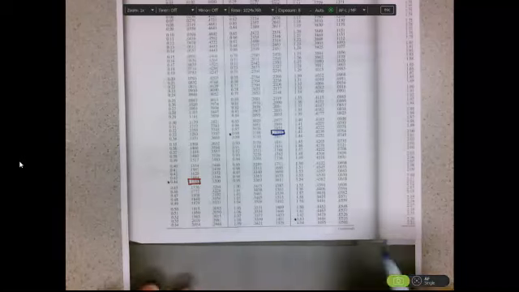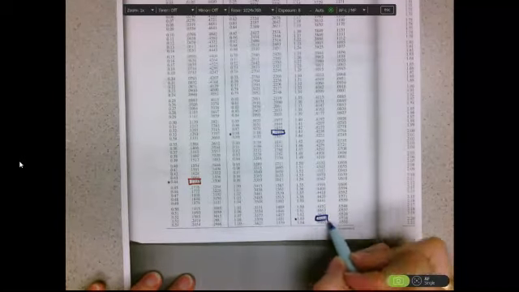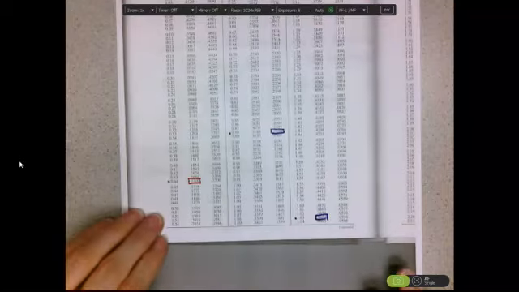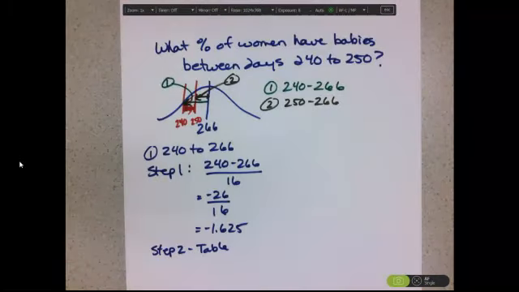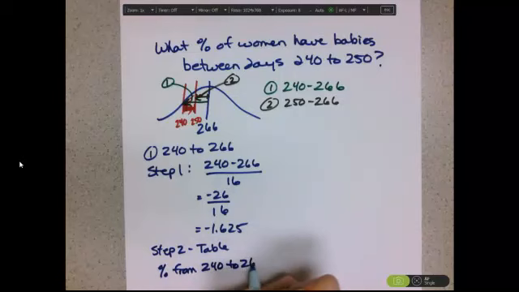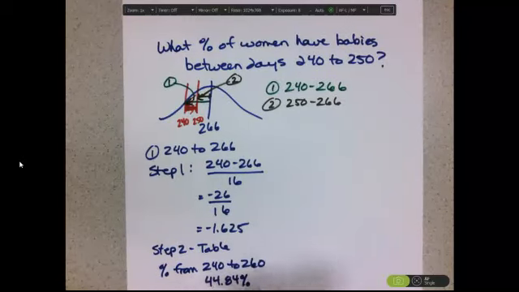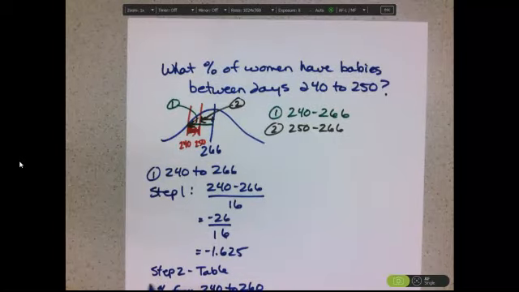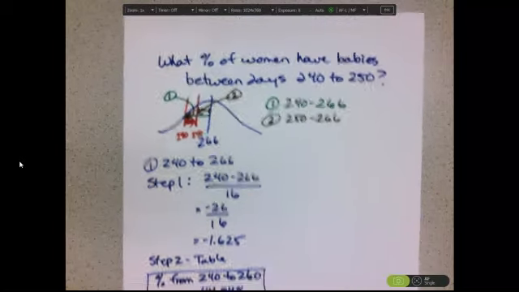It's 4484, so 0.4484. So the percentage from 240 to 266 is 44.84%. Again, you can work with proportions or percentages. Just make sure you keep things straight so you're not mixing up where your decimal is supposed to be.